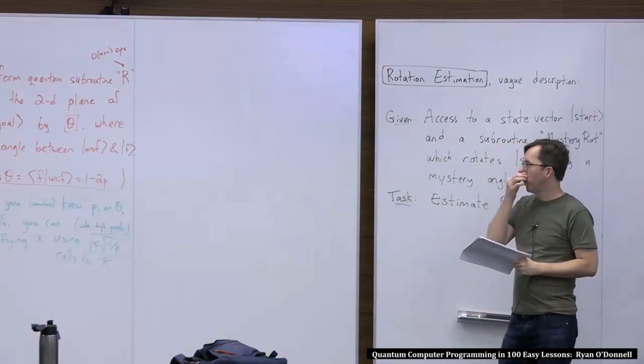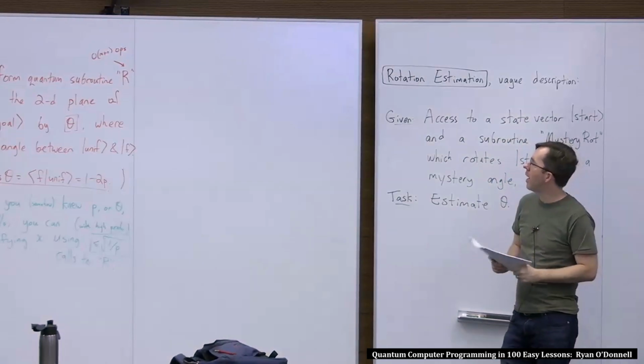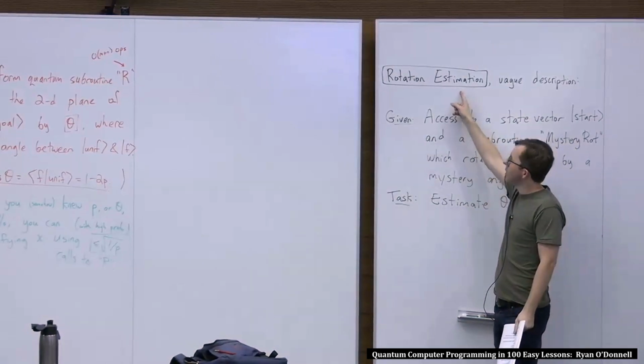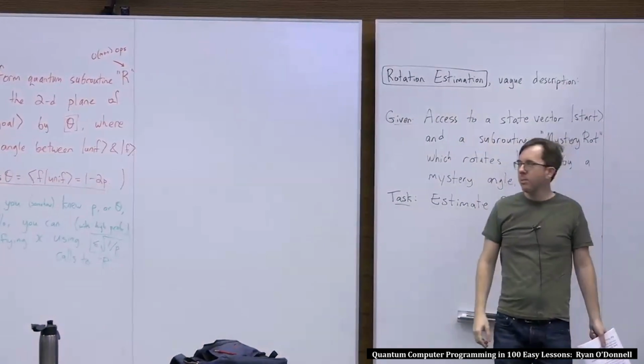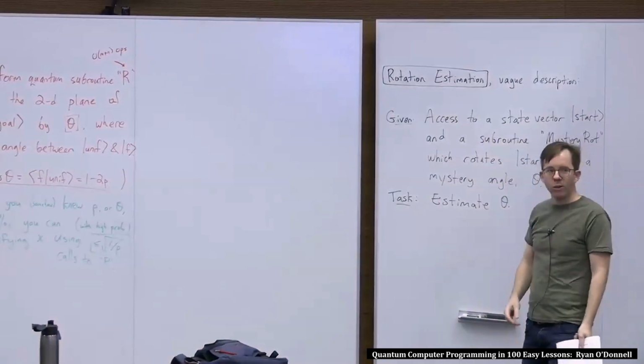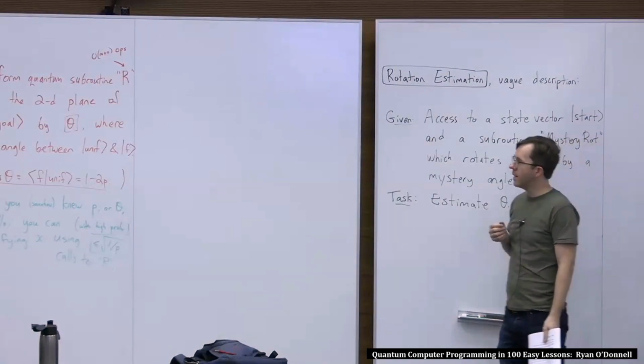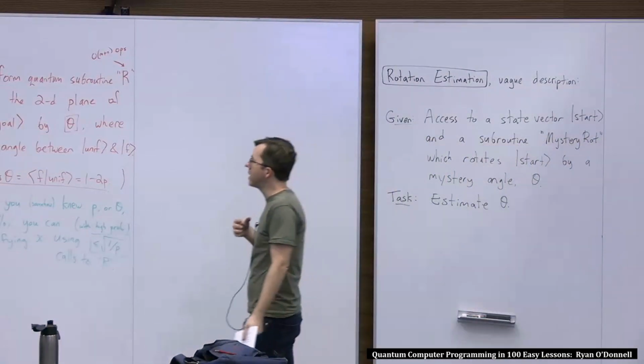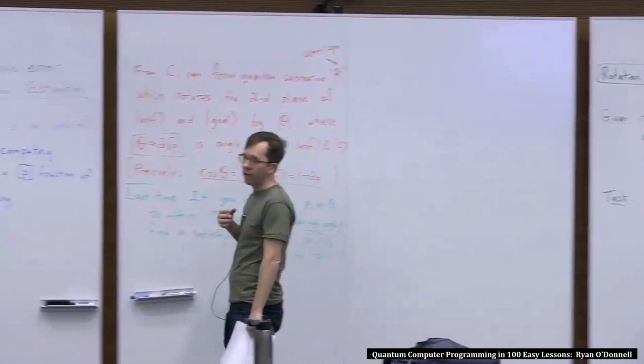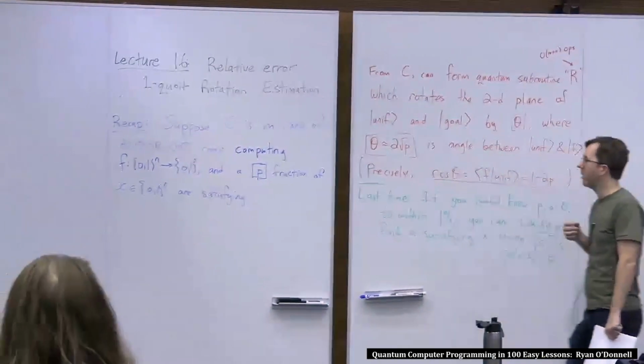Today, we're going to really dive into, for the first time, this quantum subroutine called rotation estimation, which is probably the most important algorithm or sub-algorithm in all of quantum computing. It's going to be motivated by what we were doing in the previous couple lectures about Grover's SAT algorithm.